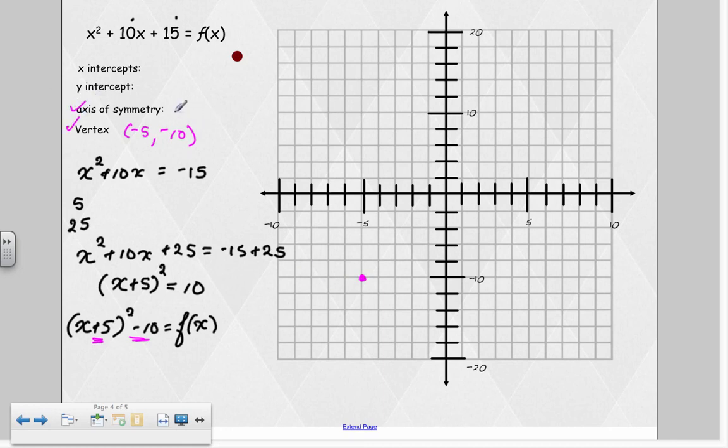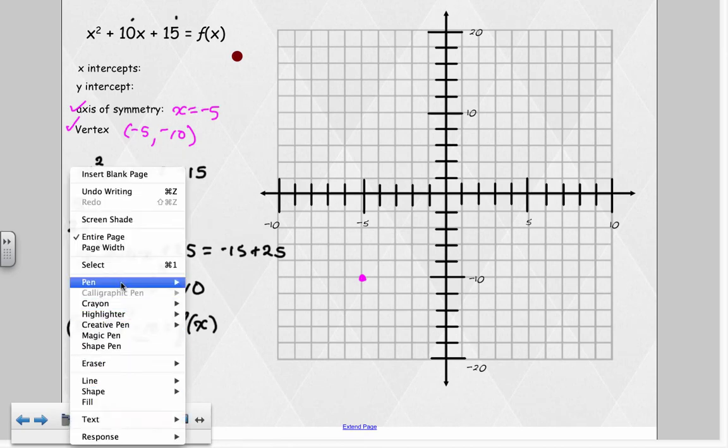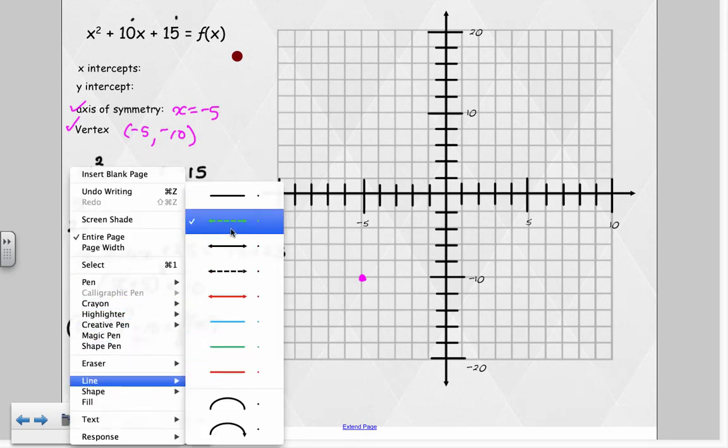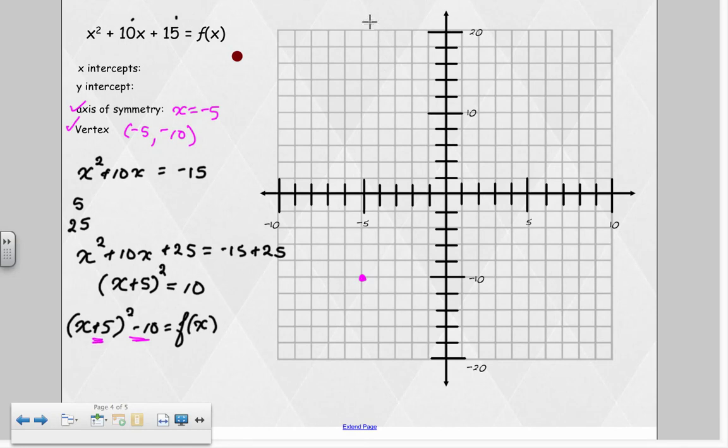My axis of symmetry is x equals -5. So I know along here I'm going to have all my mirror images of my points. My y-intercept is really easy. That would cross off, that would cross off. My y-intercept is 15.